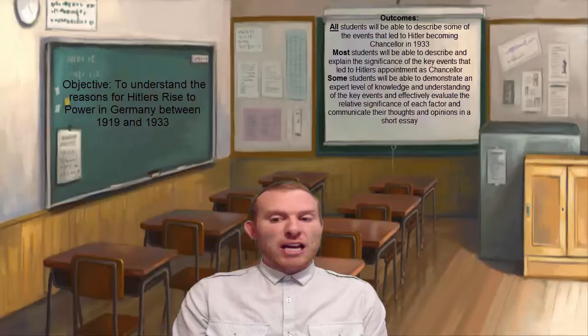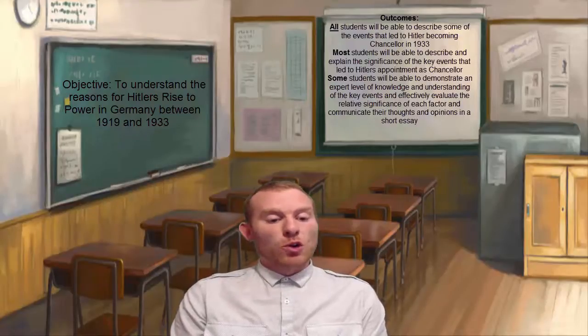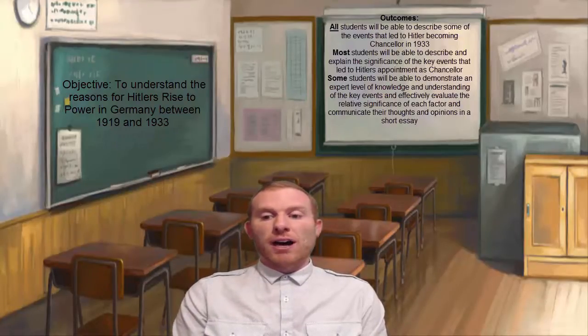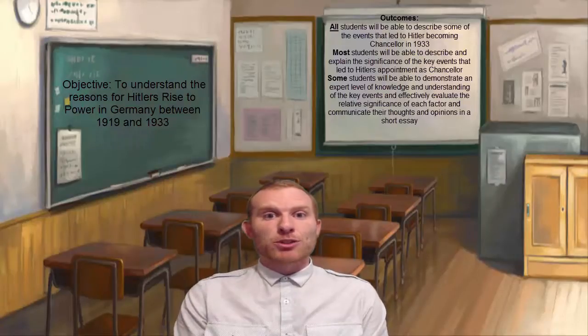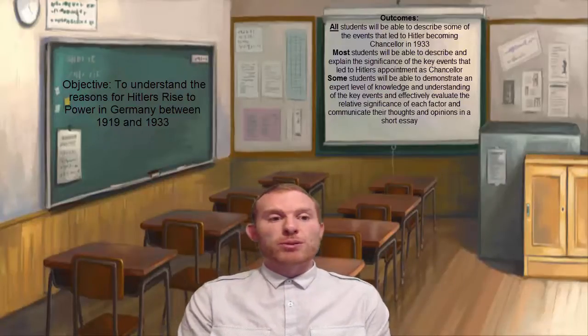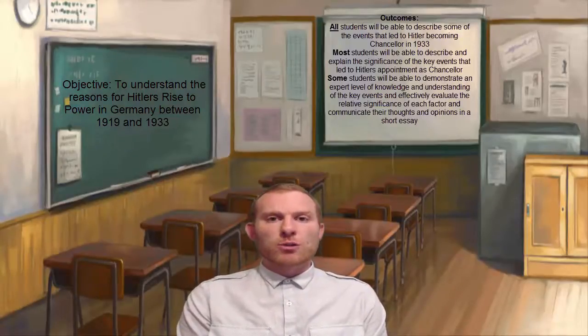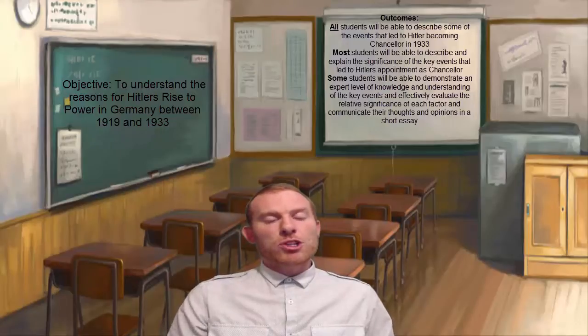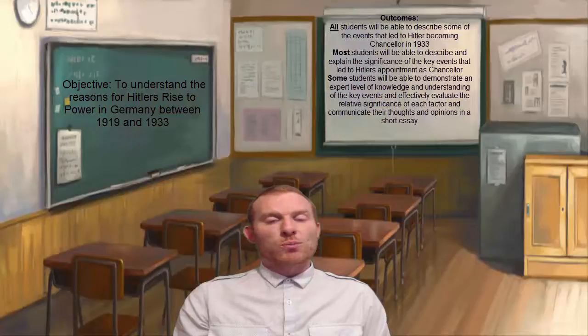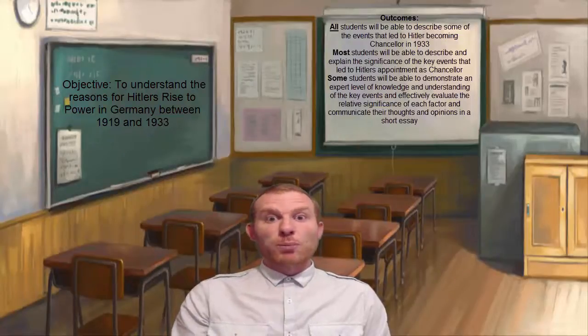And again, instead of using the all, most, some model, I could have had A grade students will be able to, B grade students will be able to, C grade students will be able to. So I could have differentiated it in a different way with regards to those outcomes. Now, the language that you use as you go through those outcomes, I would refer to Bloom's taxonomy.